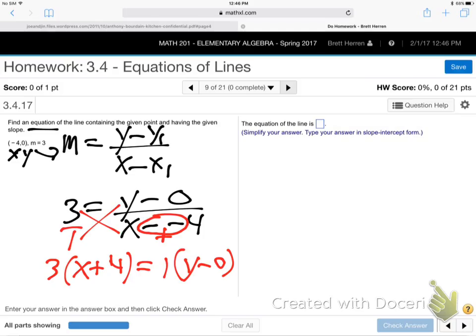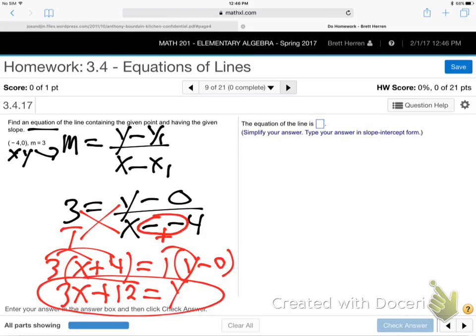And then I put the 3 over 1 to make it look like a fraction. I go diagonal, diagonal, and lay them flat. Is that good? And then distribute. 1 times y is just y. 1 times 0 is 0. Skip it, we're done, because y is alone. Y equals 3x plus 4. Does that make sense? Any questions I can answer on that?